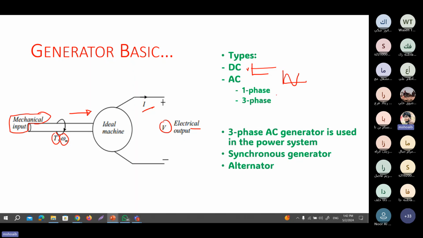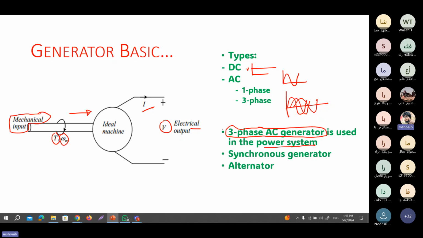So maybe it has just one phase, or maybe it has multiple phases with some phase shift between them and so on. Okay, so these are the types. And for the power system, which one do we actually use? Do we use DC? No. AC single phase? No. Actually, we use a three-phase AC generator.